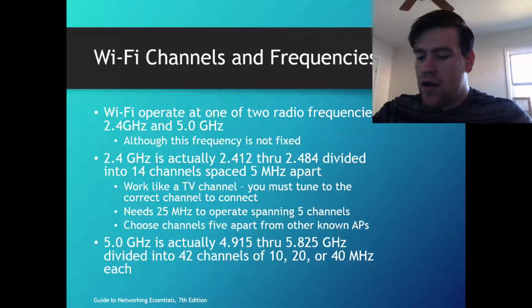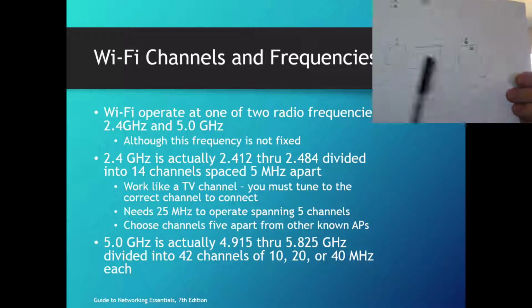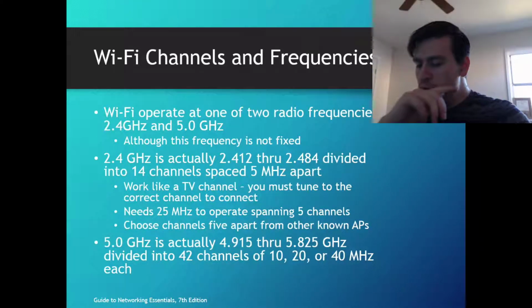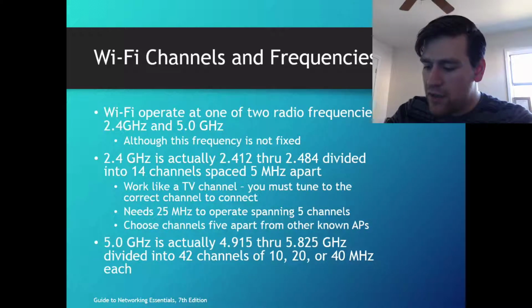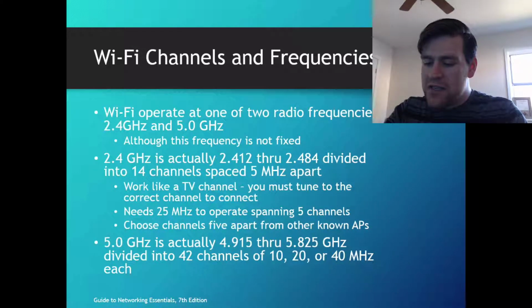Okay, if your neighbor is on channel 1 over here, and your neighbor over here is on channel 6 right here, you would want to select channel 11. The reason being is that it's not going to interfere with either of these two wireless access points. Let's say the range of their access point goes out from their device and overlaps with your house just a little bit, so you can actually see their wireless network in some of your rooms.